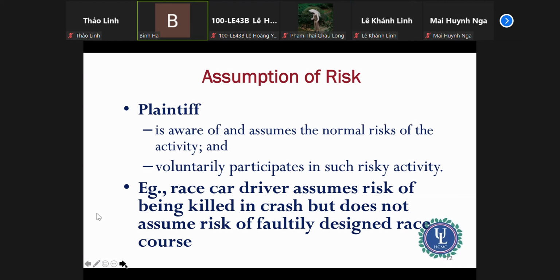He could be aware of the risk of a car crash and may assume that he may die in a car crash by accident, but he does not assume the risk of a faultily designed race course. Why? Why does the law not assume that he assumed the risk of a faultily designed race course? Anyone have an idea?